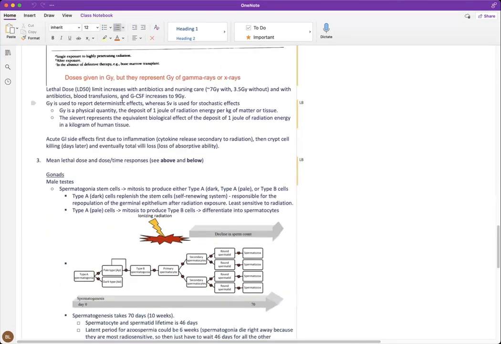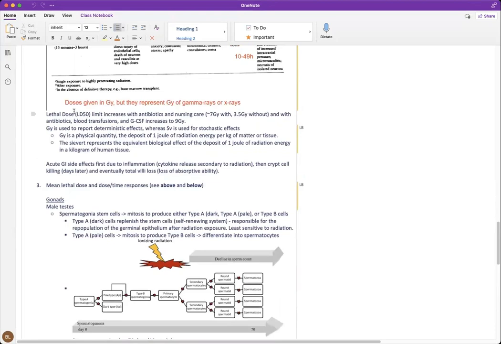Lethal dose, so the LD50, if you give antibiotics in nursing care, you can stretch what the lethal dose is. That makes sense? So like someone might die with 3.5 gray without any care.